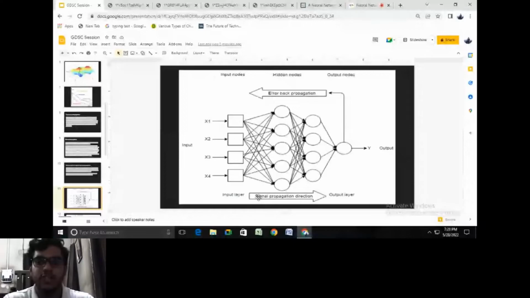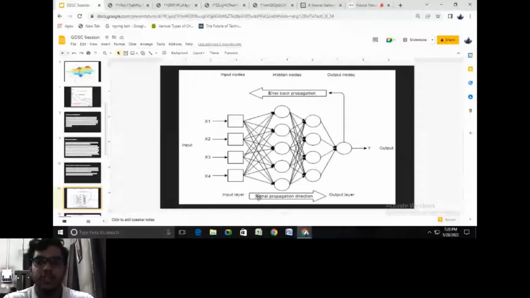Here, once we have a set of training examples, we have some inputs. We have some weights on which the input will act to give the outputs of the subsequent layers, and then finally the predicted output of the output layer is given.